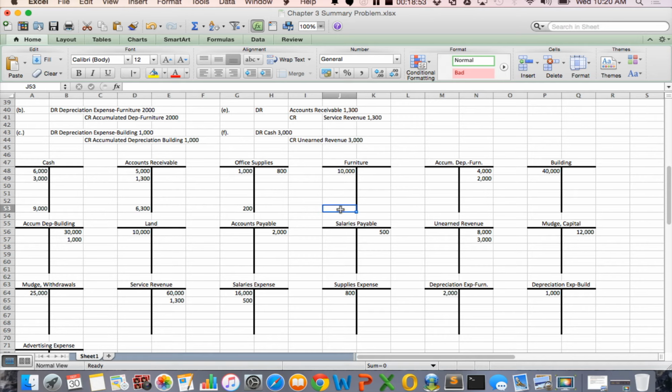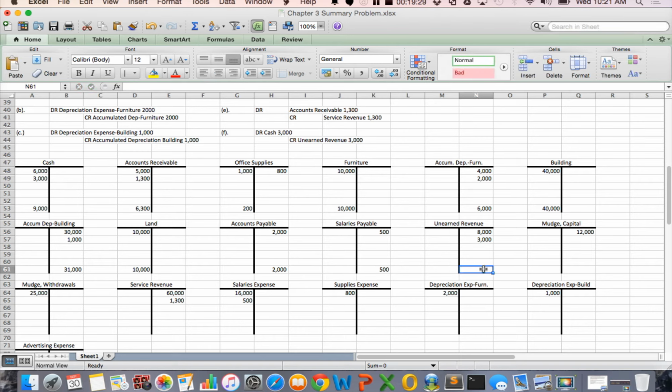Furniture stayed the same. Accumulated depreciation furniture, 4 plus 2,000, 6,000 credit. Building stayed the same. Accumulated depreciation building, now 31,000. Land stayed the same. Accounts payable stayed the same. Salaries payable, we only had one entry, $500 credit. Unearned revenue, 8,000 plus 3,000, 11,000 credit.